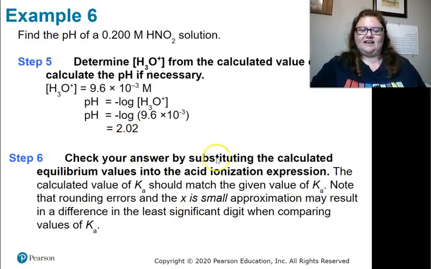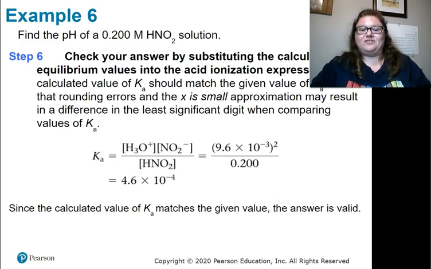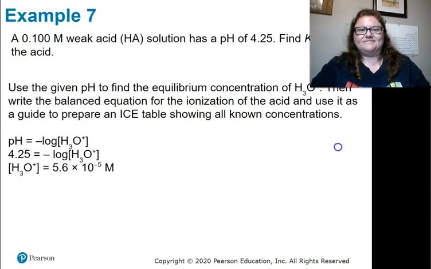We could then check again, like you saw in example 5. We don't have to do that step. We figured out the pH was 2. So it's somewhat still strong, but it's a weak concentration for it. So here's how you would do the check for example 6.